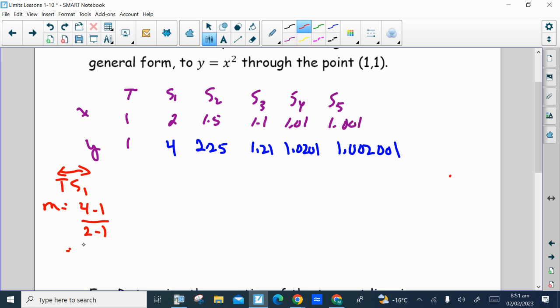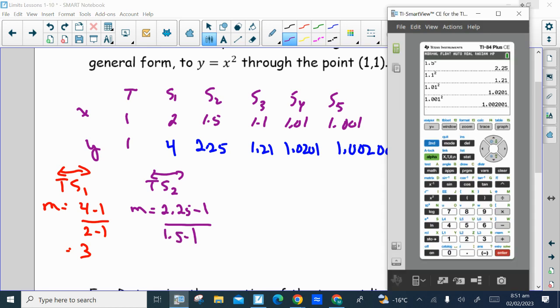So that'll give us 3 over 1, or 3. So that's the slope of the secant line from t to s sub 1. And now we'll find the slope of the secant line from t to s sub 2. y2 minus y1 would be 2.25 minus 1 over x2 minus x1, which is 1.5 minus 1.